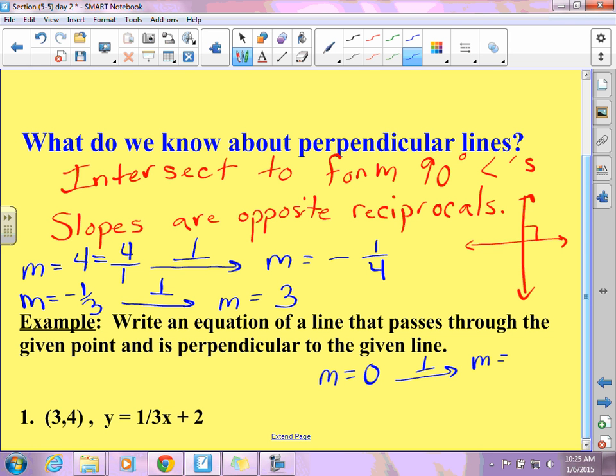If it's 0 slope, it's a horizontal line. So what would be perpendicular to that? It would be vertical. And what's the slope of a vertical line? It's not 90 degrees. It is, but I'm asking about the slope. What's the slope of a vertical line? So what do we say when it doesn't have one? We say it's undefined.